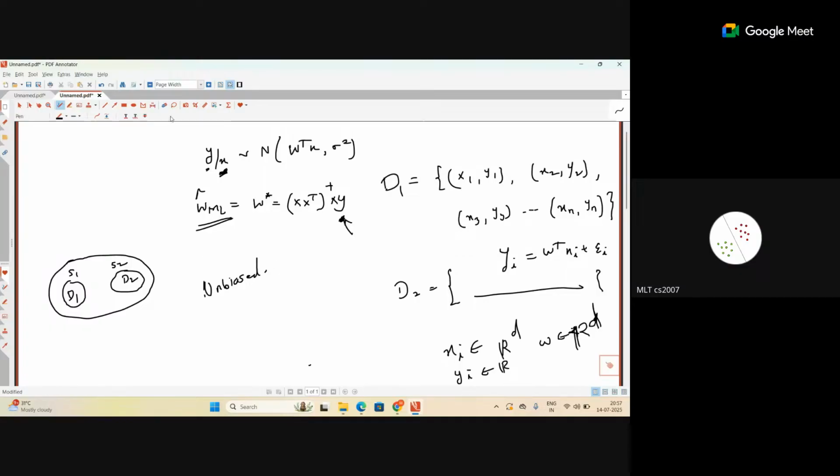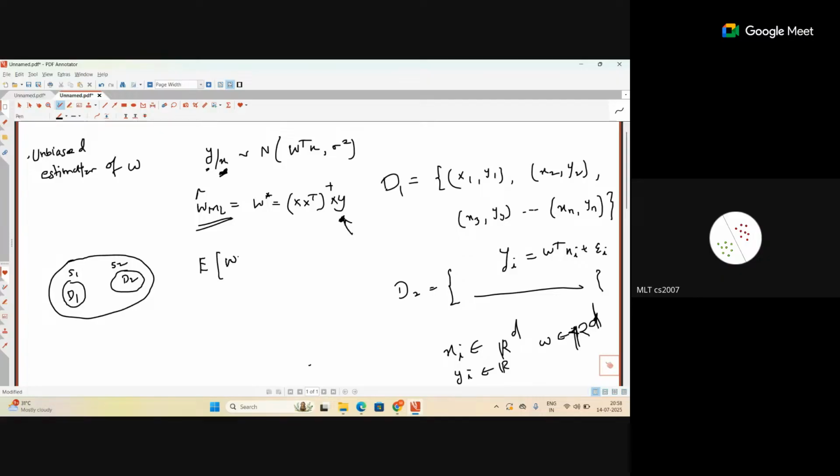Actually it shouldn't be, right? Theoretically it shouldn't be, but we know that it is an unbiased estimator of w. So when I say unbiased estimator of w, what does that mean? Expectation, right?